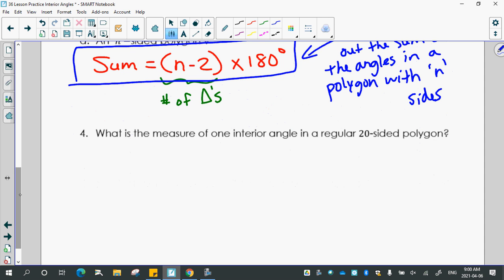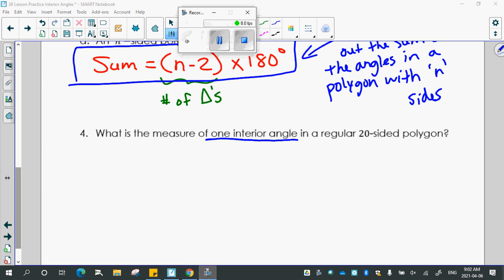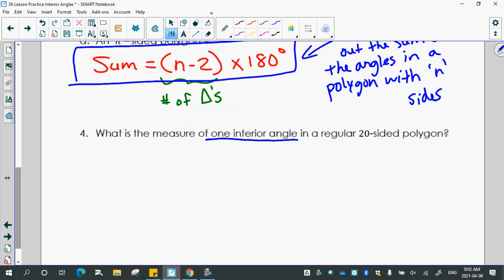What is the measure of one interior angle? So just one interior angle in a regular 20-sided polygon. I'm going to give you guys time to try. Okay, I see lots of people have the formula first, whether with the times sign or without it, and are using it with n as being 20.